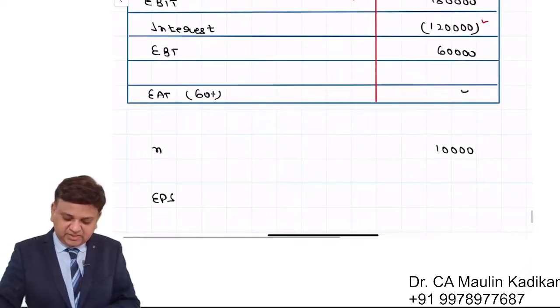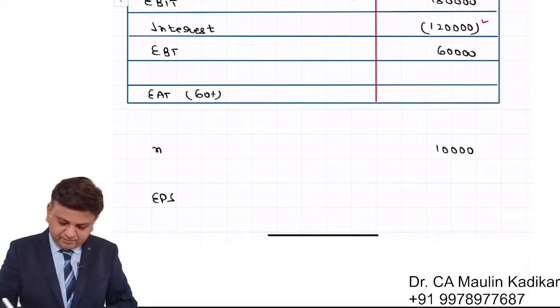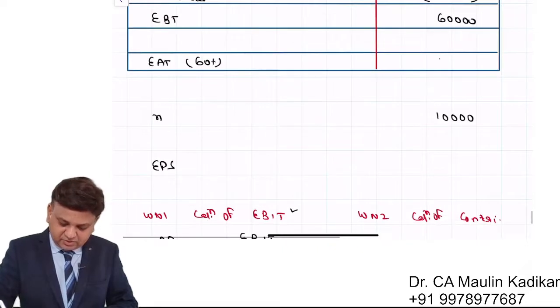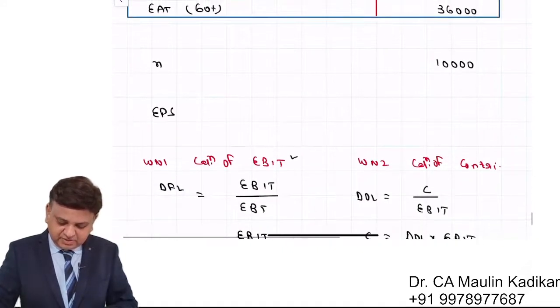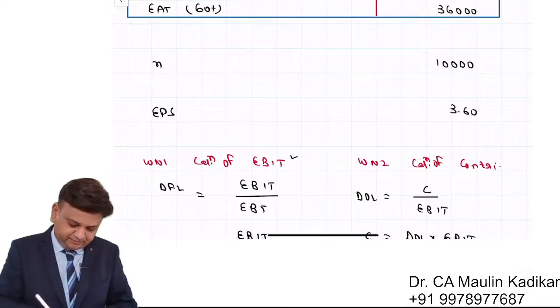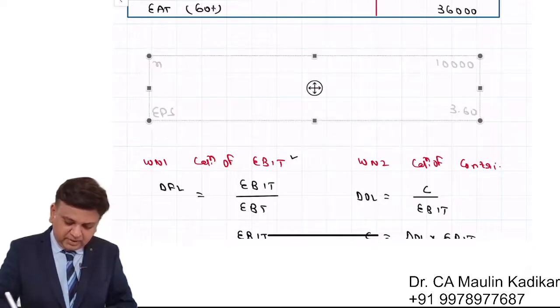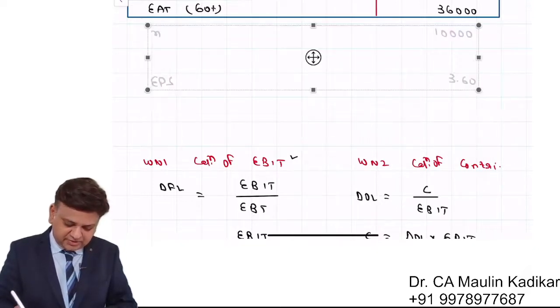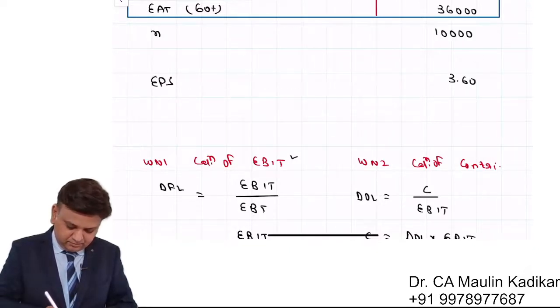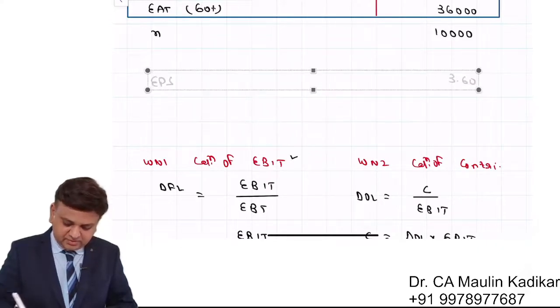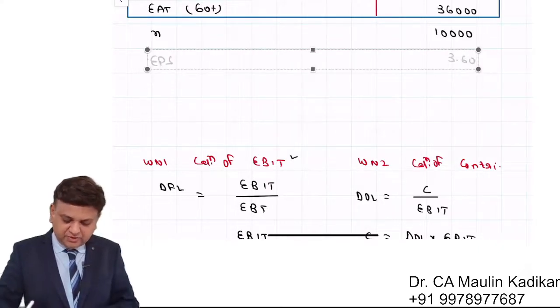Income tax rate 40 percent, that comes to 24,000, so EAT is 36,000. Number of equity shares 10,000. So that will give us EPS of 3 rupees 60 paise. That is the way we can make the calculation of the answer of EPS. Now we'll make the calculation of the sales value.